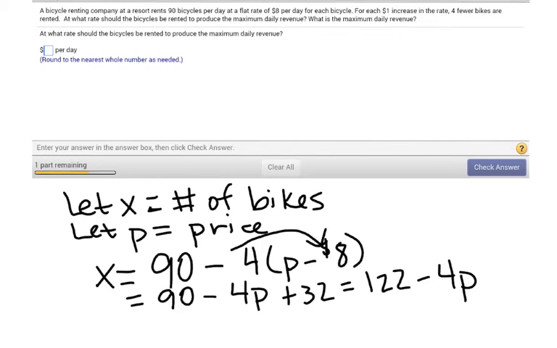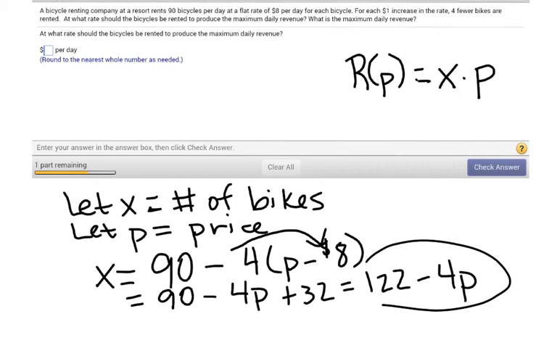So our revenue, how much money are we going to make? Our revenue in terms of price is equal to however many bikes we rent times the price. So we have a new expression for X that is in terms of P. That's this down here. So we're going to plug that in where the X is up here.